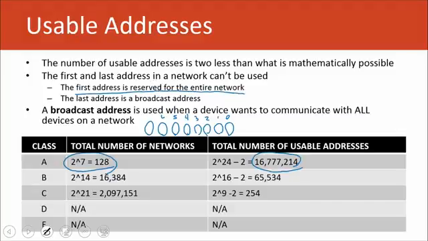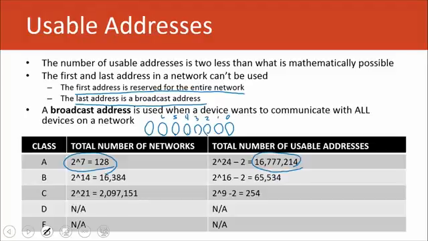So that becomes the network address, right? It's used by the default gateway, which is a router that's going to serve as the gateway, no pun intended, to the internet for your local area network. And the last address is used for a broadcast address. That's used when a device wants to communicate with all devices on a network.